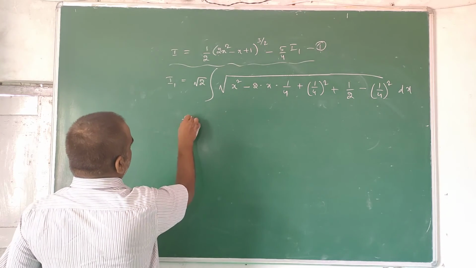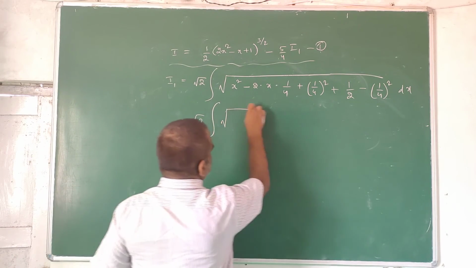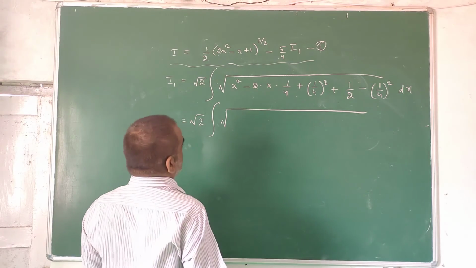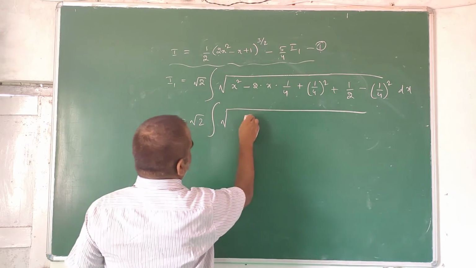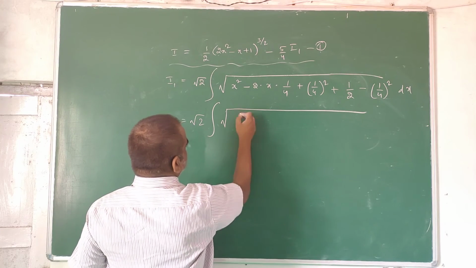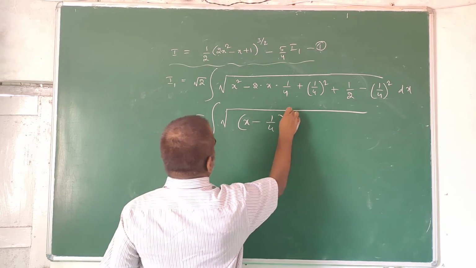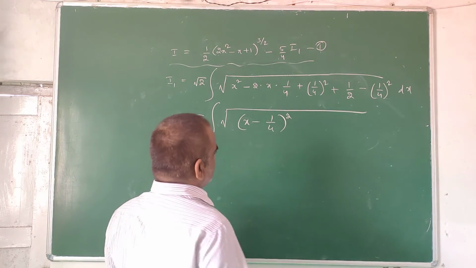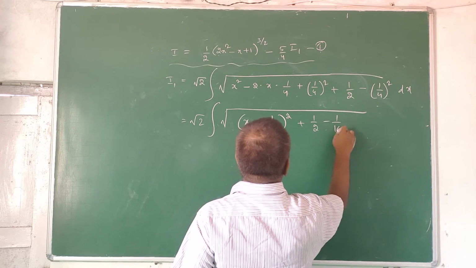So this is equal to root 2 integral root over, so this is a square minus 2ab plus b square, which is a minus b whole square, which is x minus 1 by 4 whole square plus 1 by 2 minus 1 by 16 dx.